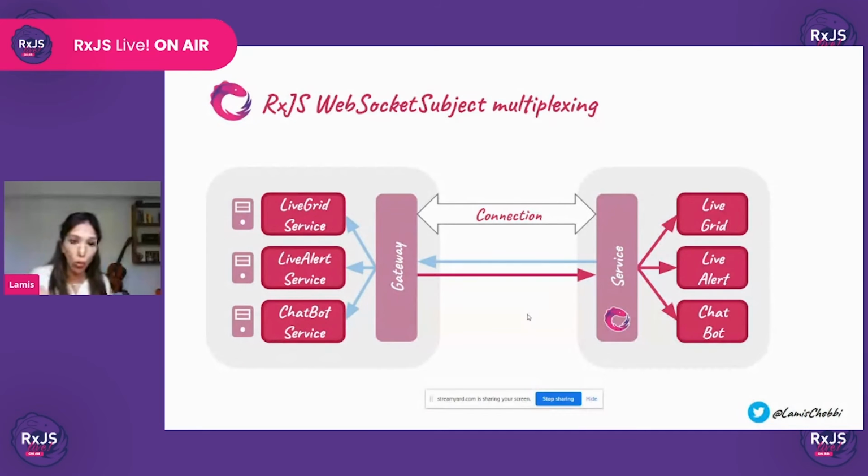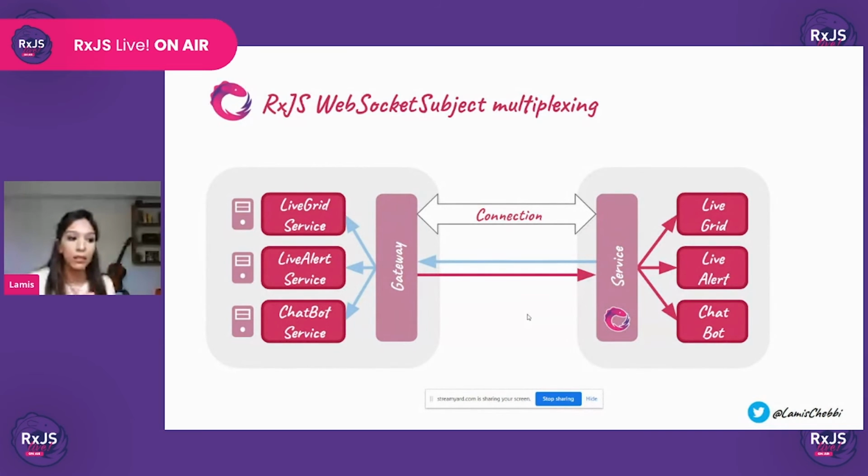So you're dealing with one connection in your front-end layer. You have only one channel and you are requesting one endpoint, and this server will just route the request to the adequate server, okay?